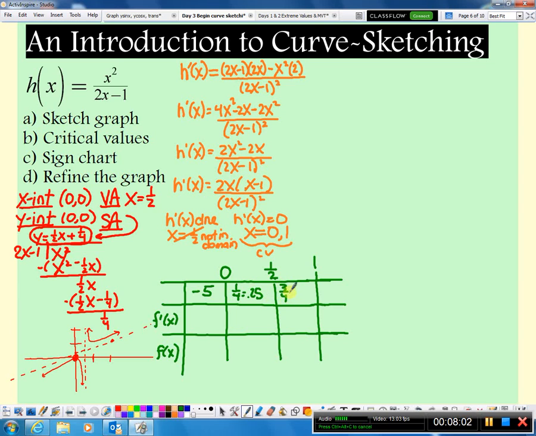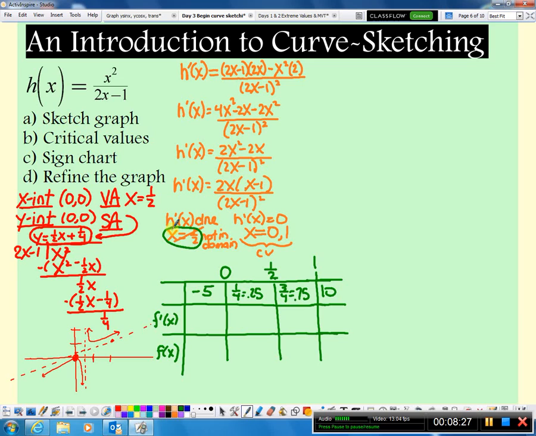I think I'm going to get a better looking sign chart if I have it, and the sign chart's going to give me more readable information. So again, my thinking is, even though this is technically not a critical value, I still think it's information that needs to go on your sign chart so that you don't misinterpret some of the information you've got.